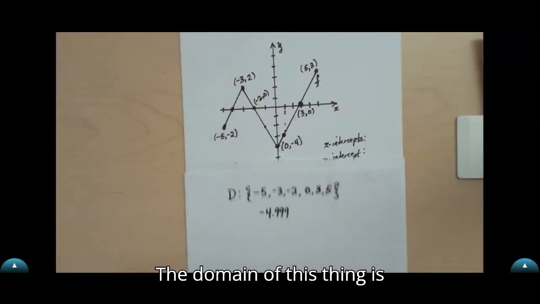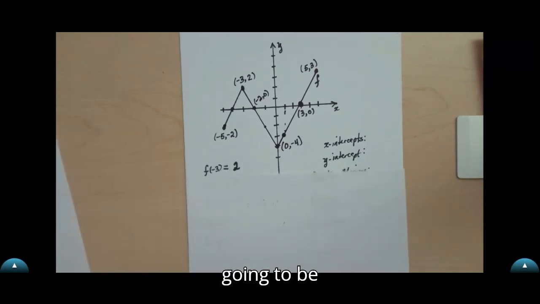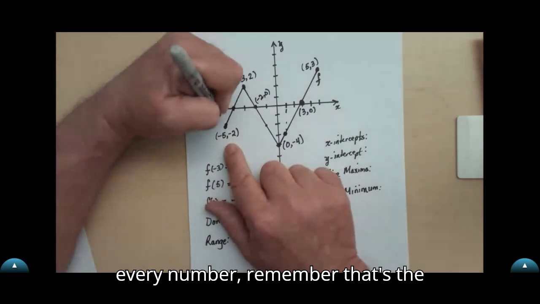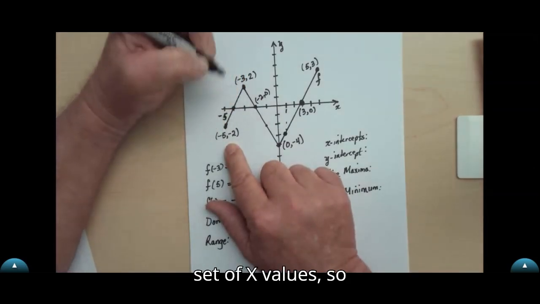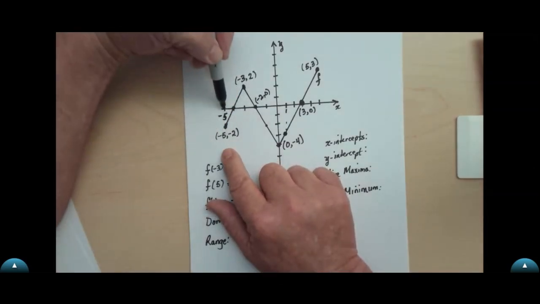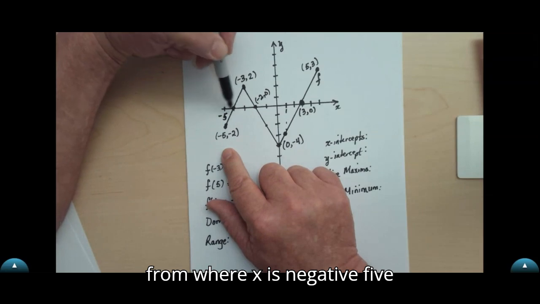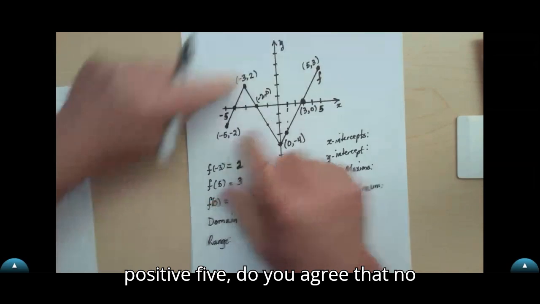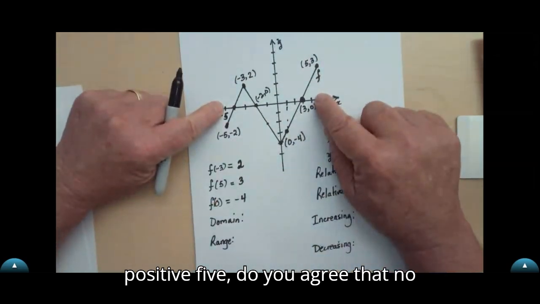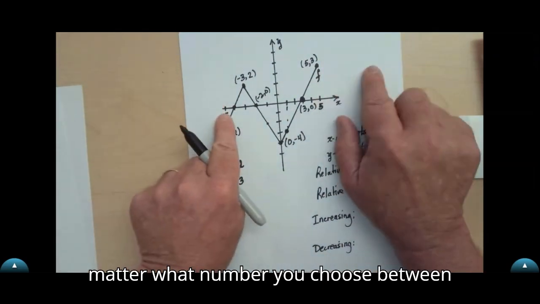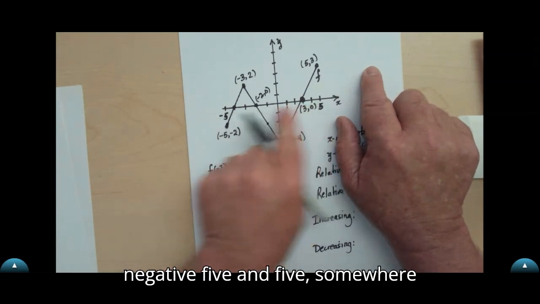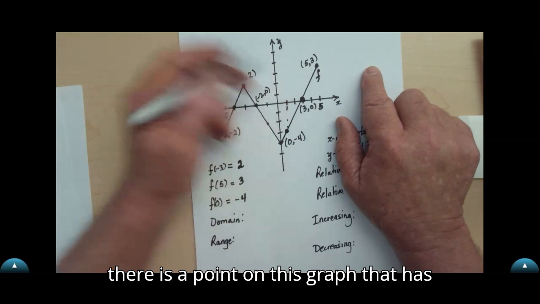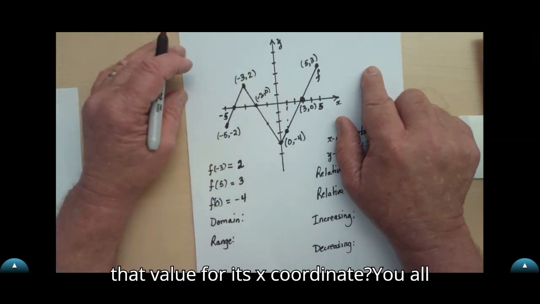The domain of this thing is going to be every number. Remember, that's the set of x values. So from where x is -5 all the way up to here where x is +5, do you agree that no matter what number you choose between -5 and 5, somewhere there is a point on this graph that has that value for its x coordinate?